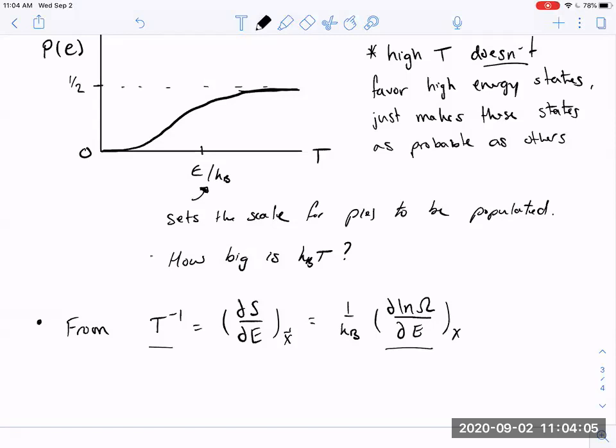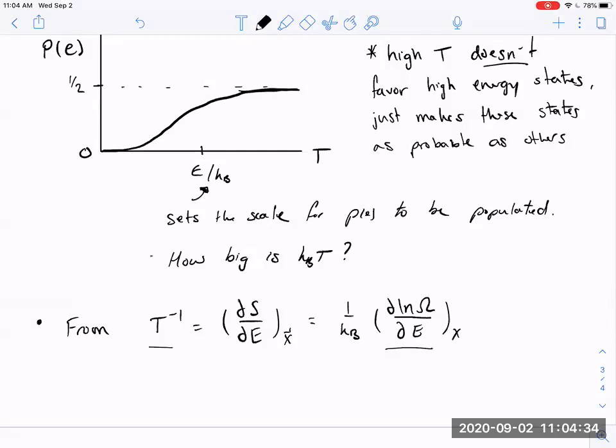So that actually explains our intuition for why we typically think that energy increases with temperature, because as we increase the temperature, it's not that we are promoting states to be at higher energy or making them more probable than being at low energy.